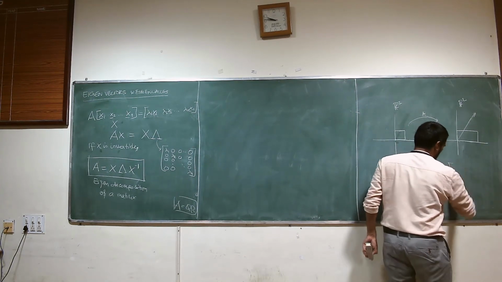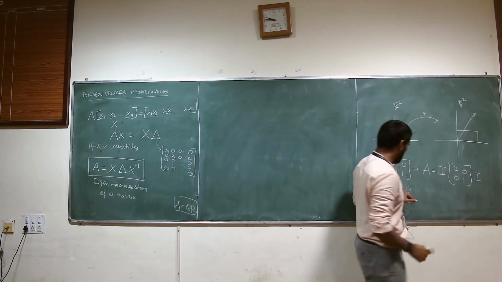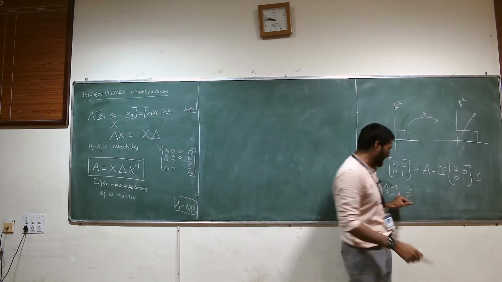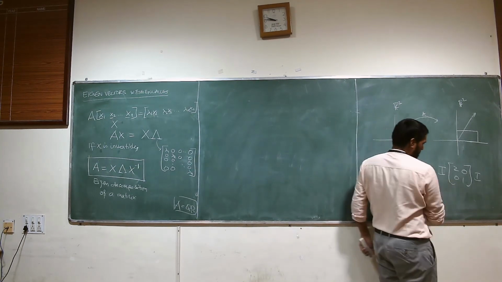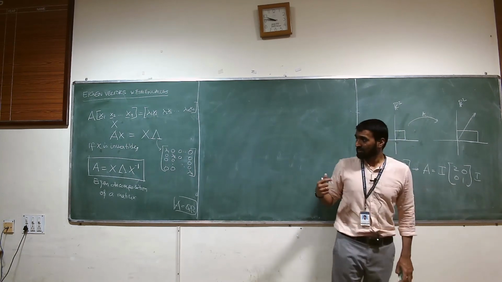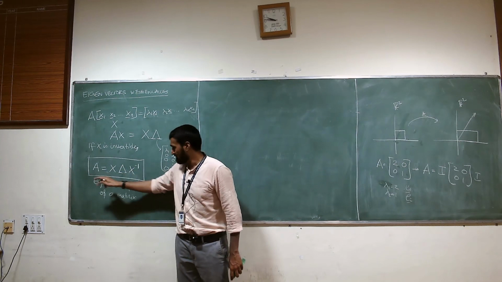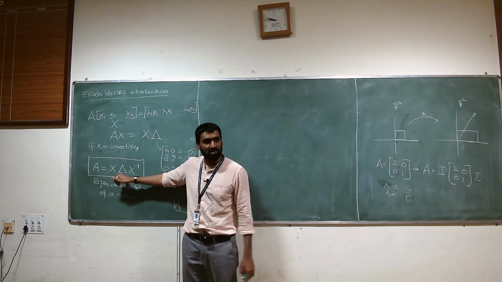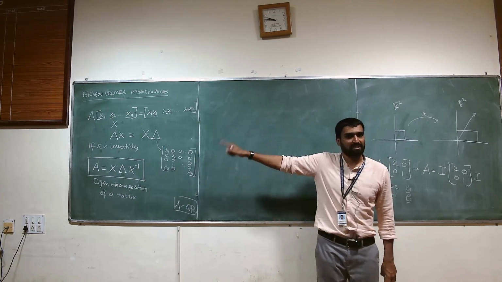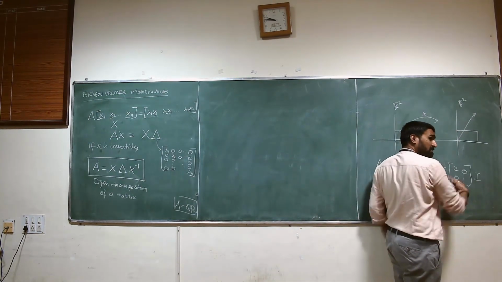A equals X lambda X inverse, where your eigenvector matrix X is simply I. So when I said that the representation of a complex linear transformation becomes simple in the eigenvector basis, what I mean is this. You switch from the standard basis to the eigenvector basis. In this case, the eigenvector basis and the standard basis are the same, right?